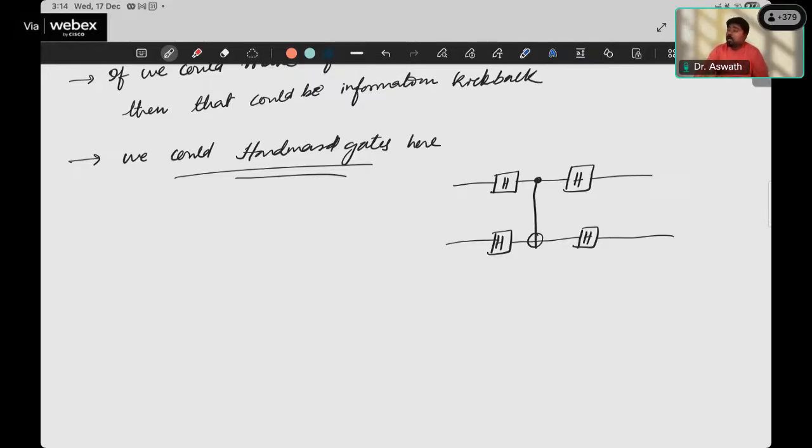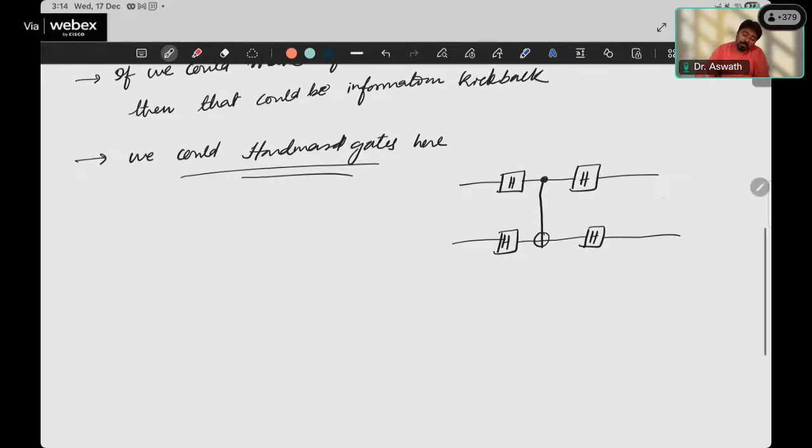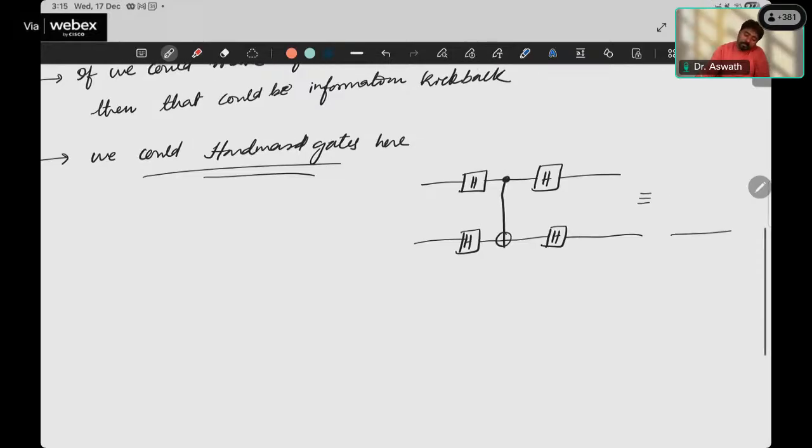Because of the Hadamards on either side, it becomes equivalent to the reverse, so information travels upwards instead of downwards.